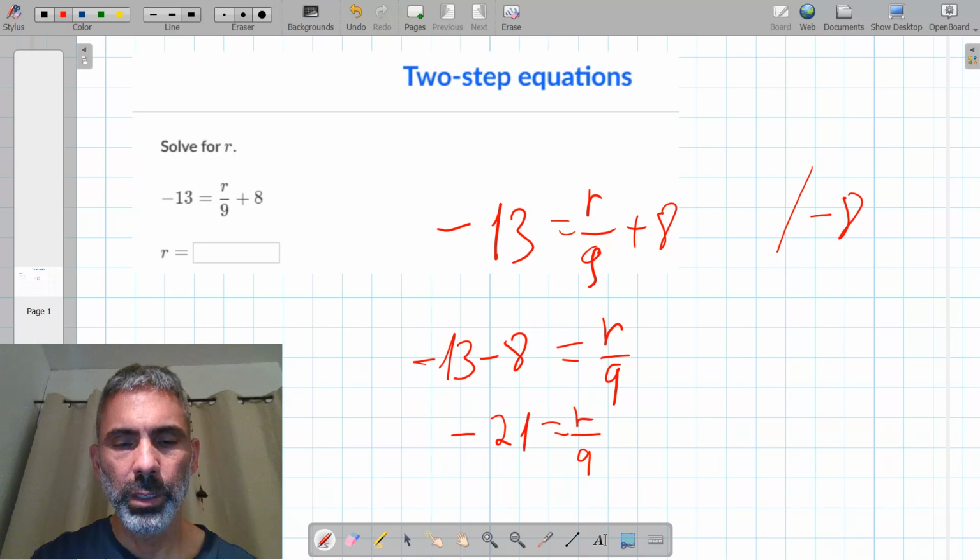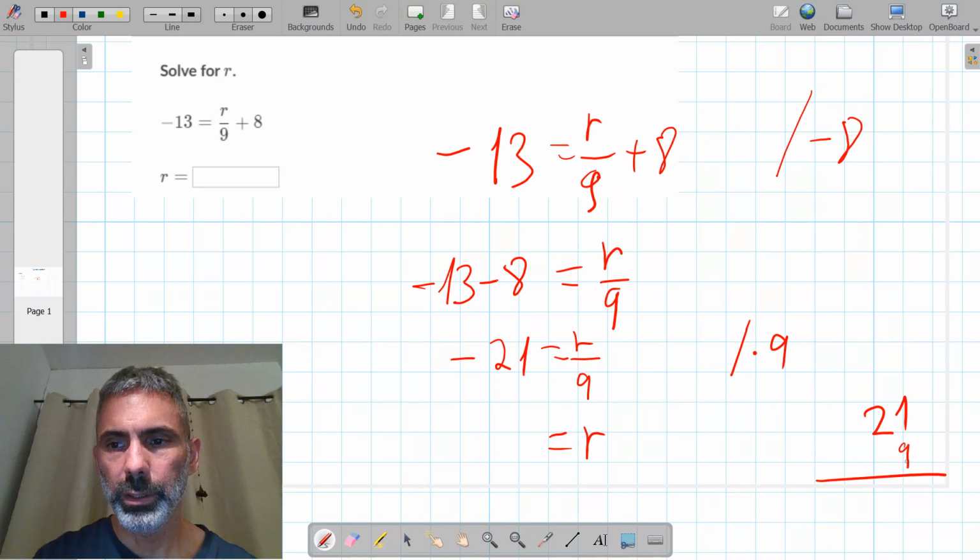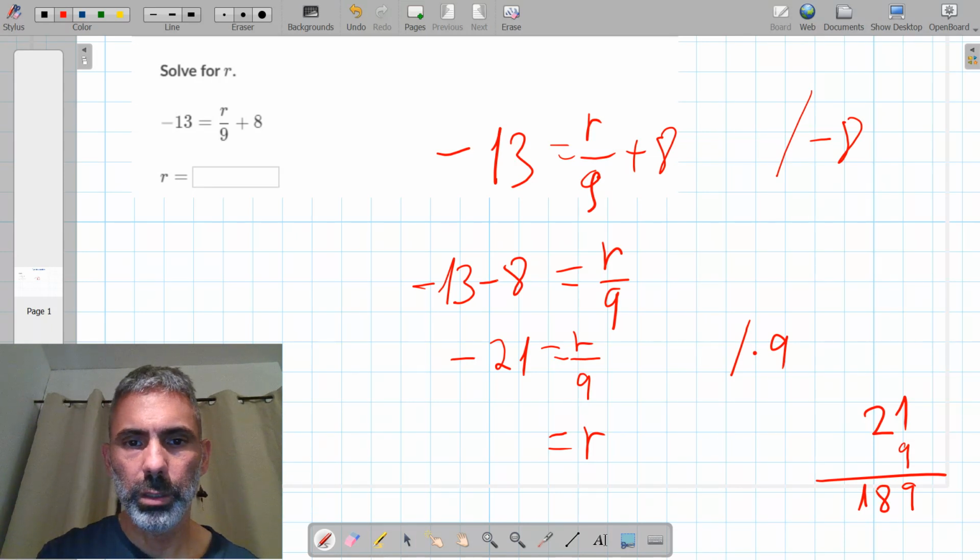And now to isolate the r, I need to multiply both sides of the equation by 9. So on the right hand side I'm left with r, and on the left hand side 21 times 9: 9 times 1 is 9, 9 times 2 is 18, and it's negative 189.